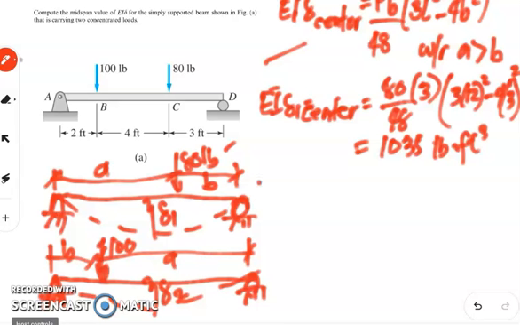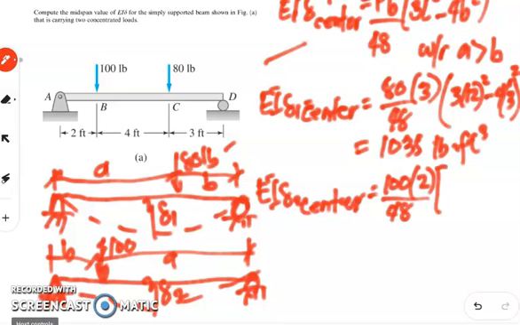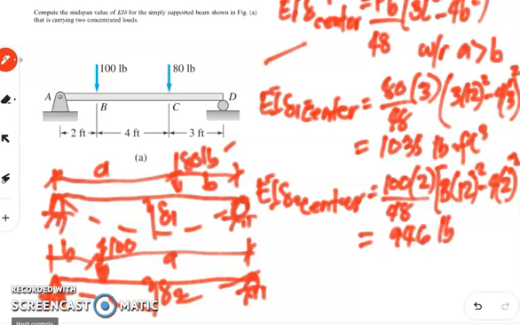So EI delta 2 at the center is equal to, substituting to this equation, 100 times our B, which is 2, all over 48 times 3 times 12 squared minus 4 times 2 squared. If you simplify this, you get a value of 946 pounds cubic feet.